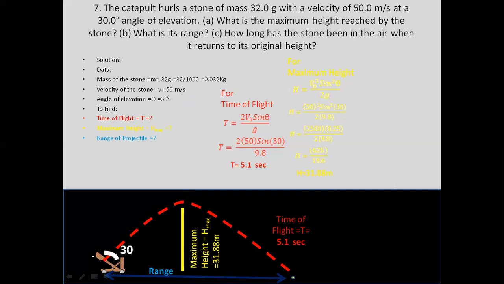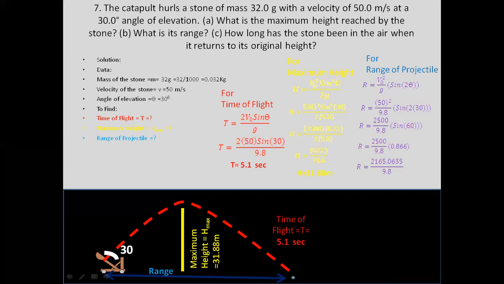Now for the last part, the range, we have the formula for the range. R is equal to v naught square divided by g into sine 2 theta. Putting in the values, we get R is equal to 50 square divided by 9.8 into sine 2 into 30. What do we get? R is equal to 2500 divided by 9.8 into sine 60. The value of sine 60 is 0.866, into 2500 divided by 9.8.